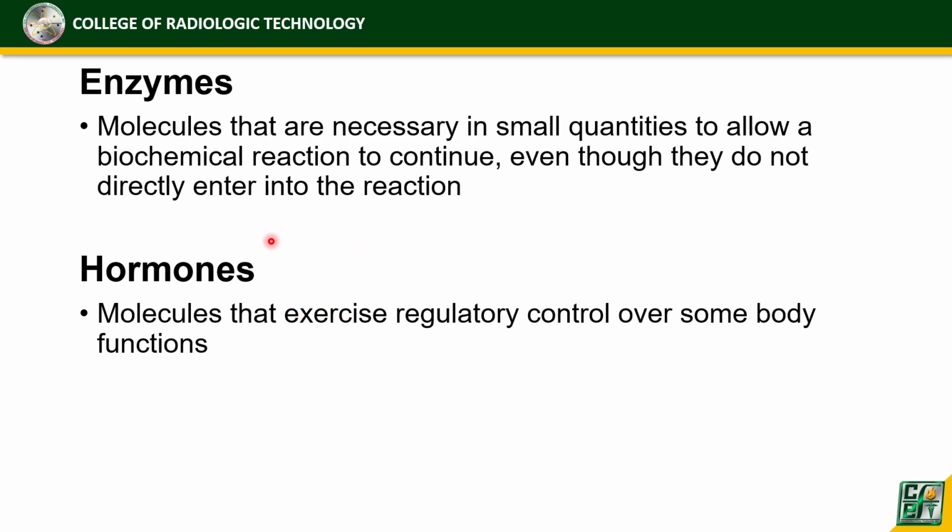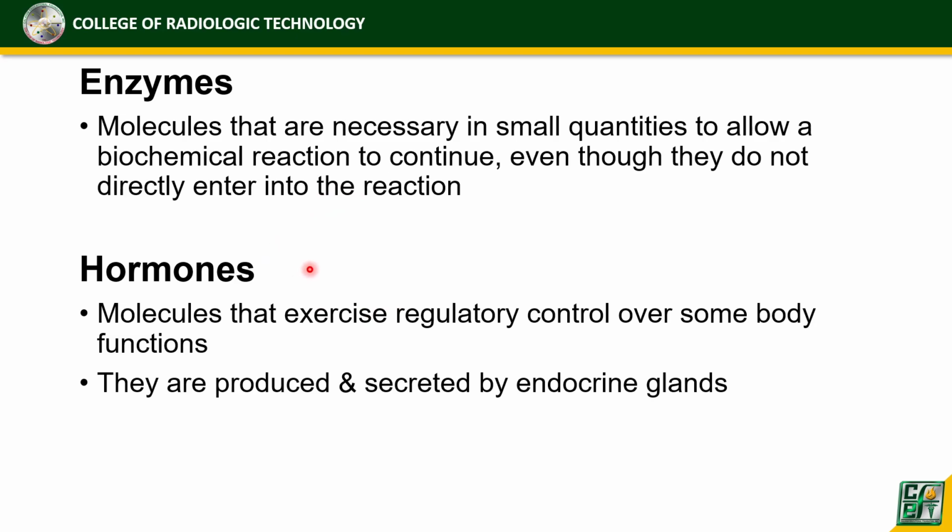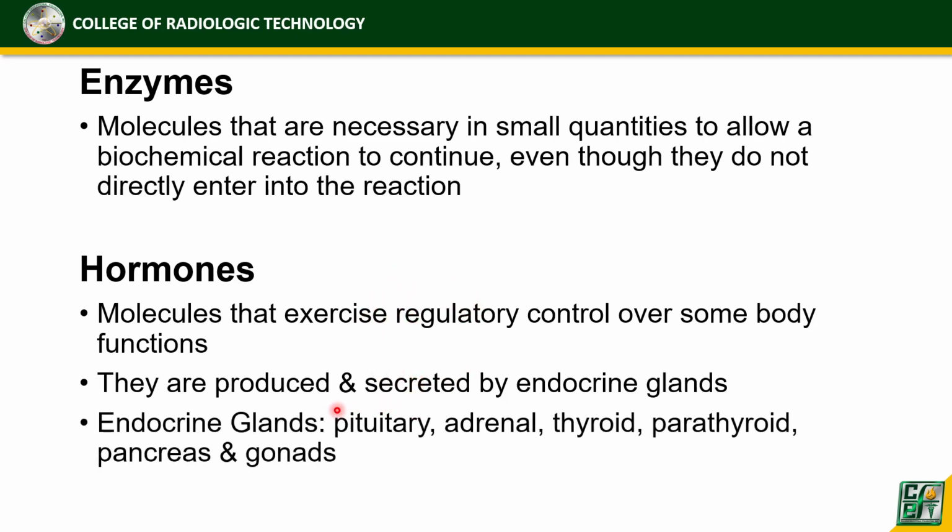So these molecules, okay, are the ones that exercise regulatory control over some body functions. They are produced and secreted by the endocrine glands. So these endocrine glands include the pituitary gland, adrenal gland, the thyroid gland, the parathyroid gland, pancreas, and gonads.